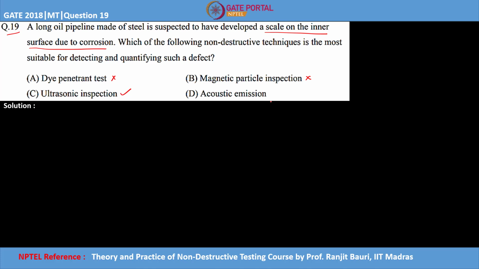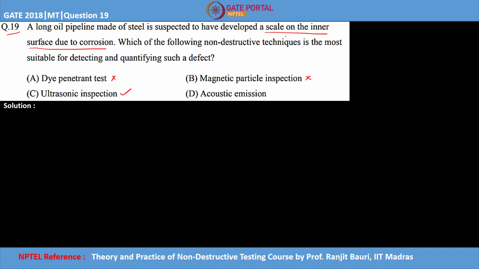Elastic waves come out from that particular location, and the detection of these elastic waves is analyzed, and your defect can be detected. So it's used for local presence of any defect.